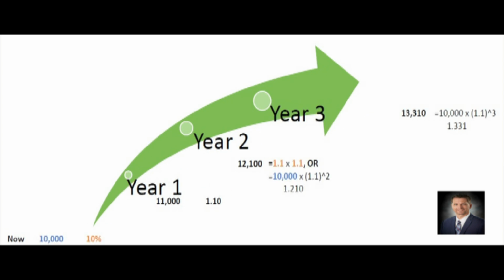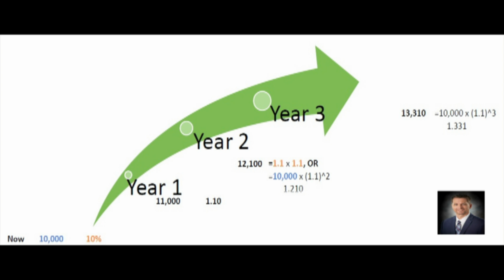Now there's some math that's going on behind the scenes here. So what we can do is we can say in year one, we know that it's going to grow to be $11,000. That factor of 11,000 that we end up with to the 10,000 that we started with, that factor is 1.1. Then that is going to grow in year two again times 1.1.